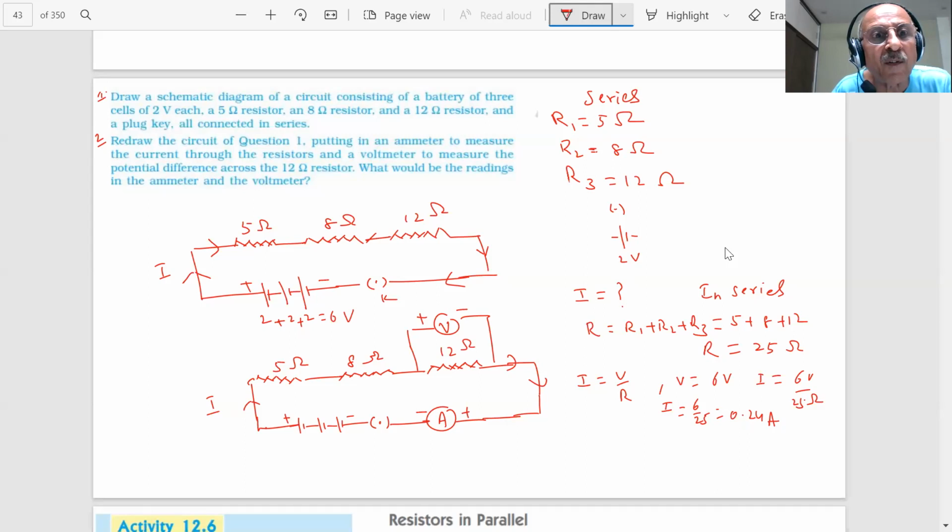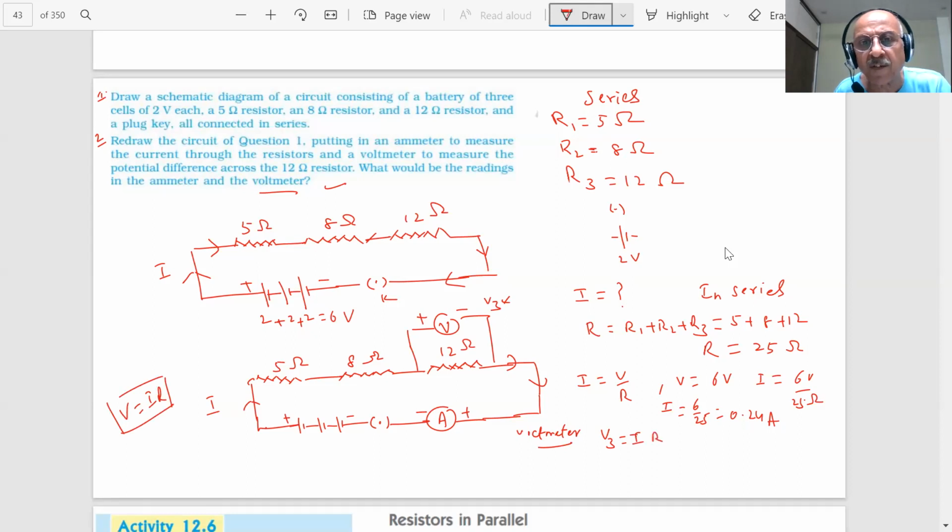What would be the voltmeter reading? Voltmeter is attached here. Let this reading be V3, student. What will be V3? What is Ohm's law? V is equal to I into R. The same current will be there, but the resistance is different, R3.